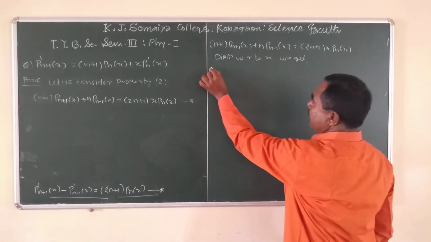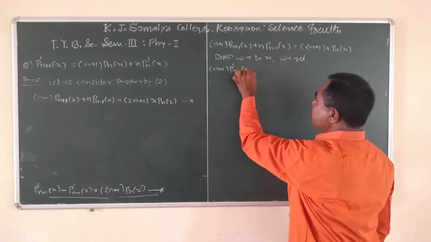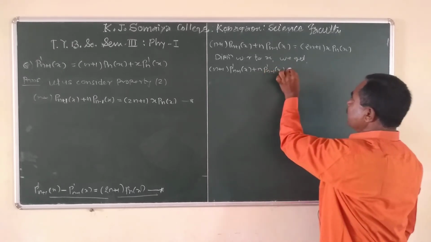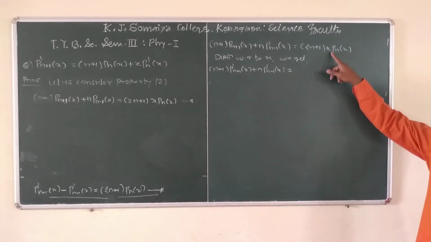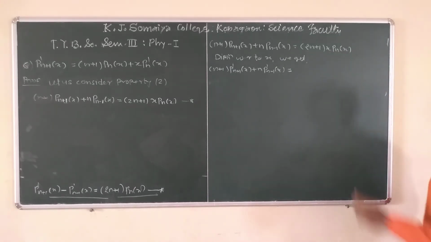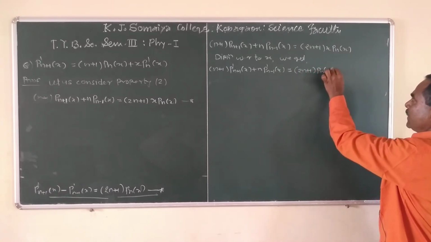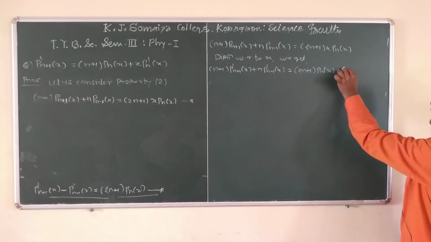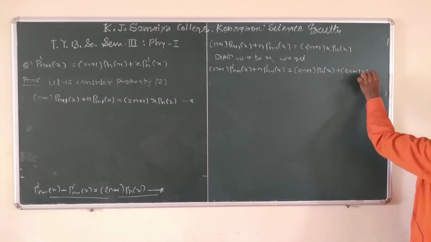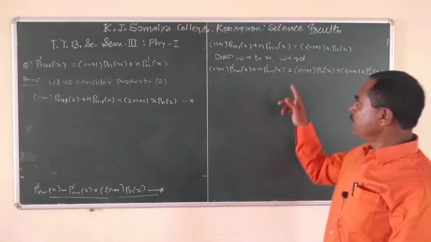(n+1) P'_{n+1}(x) + n P'_{n−1}(x) = ... again here there are two functions, x and P_n(x), so we use the product rule: (2n+1) P_n(x) + (2n+1) x P'_n(x).